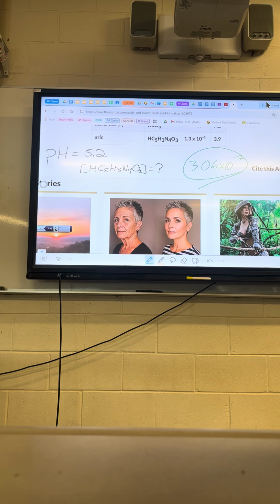This is up top, square root of X is at the bottom. H plus.